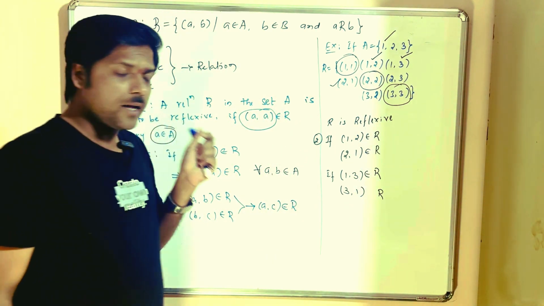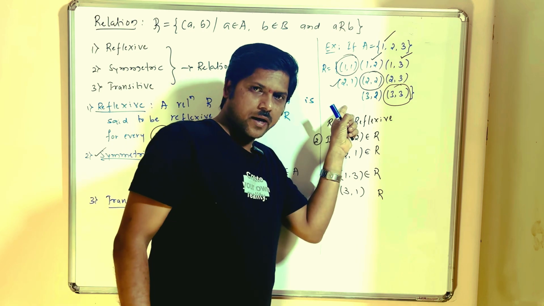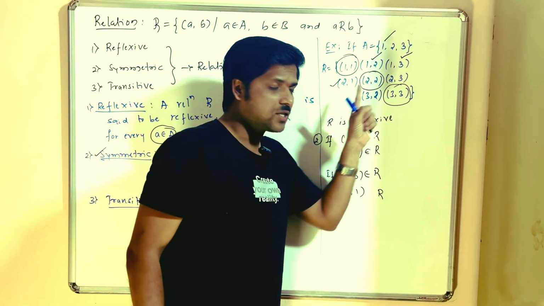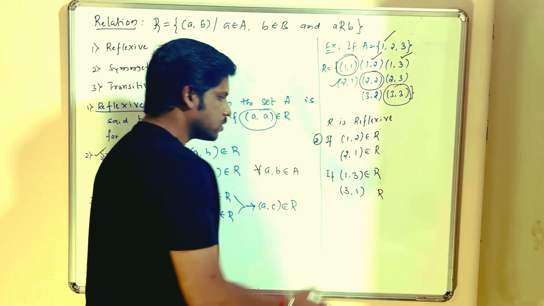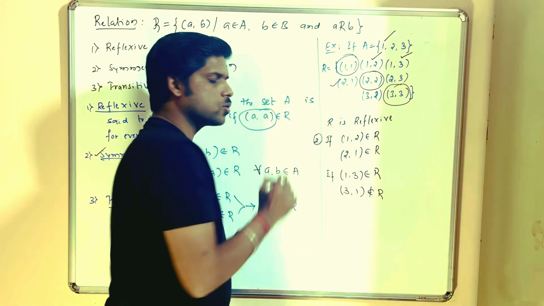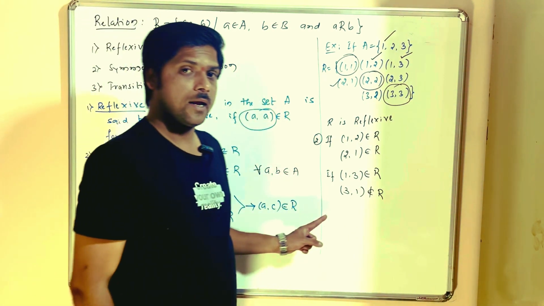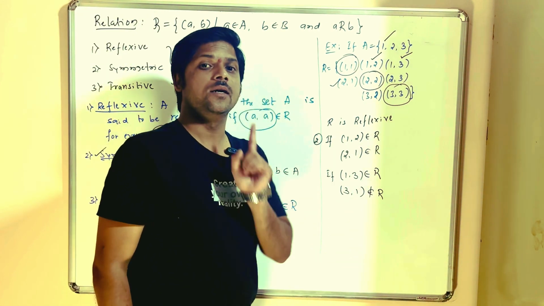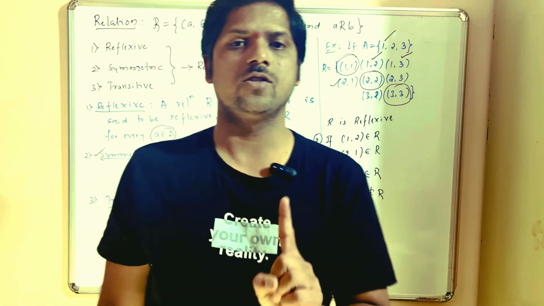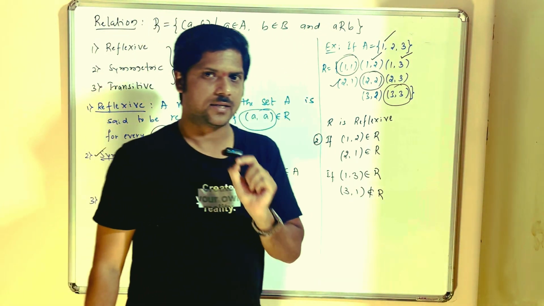Check it. Here we have removed that one, right? So therefore 3, 1 does not belong to R here. So 3, 1 does not belong to R. So therefore now R is not symmetric. Now R is not symmetric. I hope it is clear.